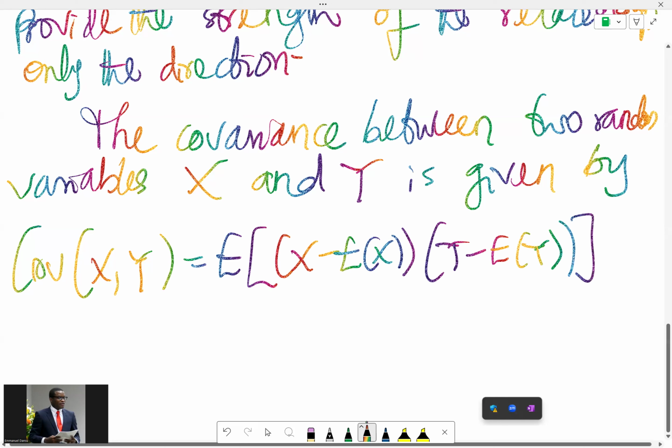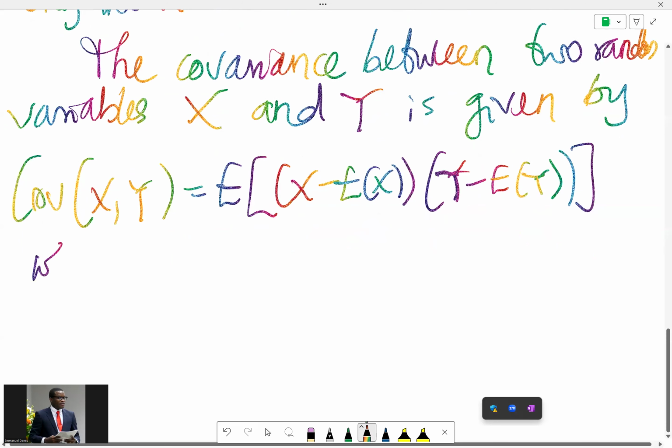It's just like variance, except that in variance you have the same random variable relating with itself, but here you have two different random variables. In the case of variance, you have x minus expectation of x squared, but here it's x minus expectation of x multiplied by y minus expectation of y.